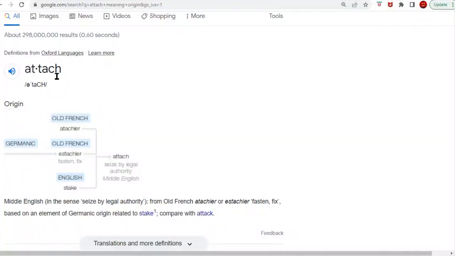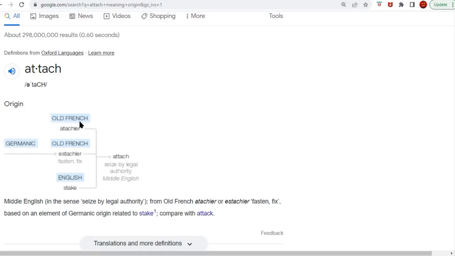So I'm fixing to prove beyond a shadow of doubt that Google, Wiki, all world governments and religions are all in cahoots to keep you ignorant and poor. You know, attach is a common word. You can see the pronunciation here, attach. And they say its origin is Germanic. They can't find out how it was spelled, but that's where they say it's from.